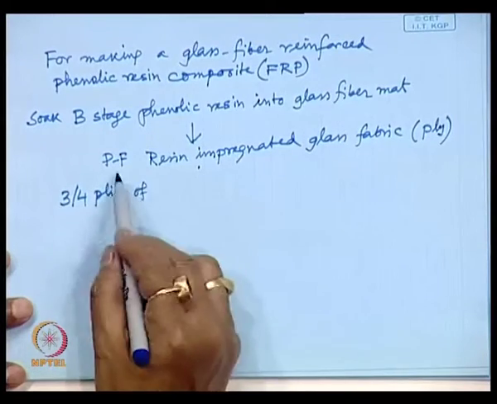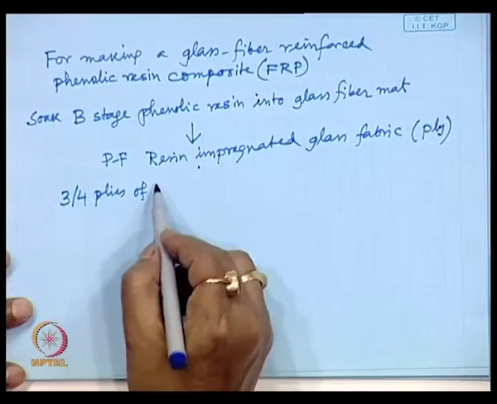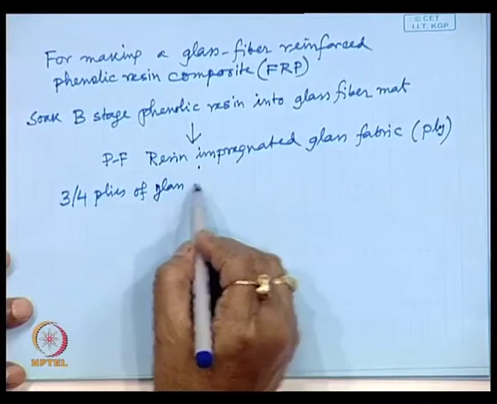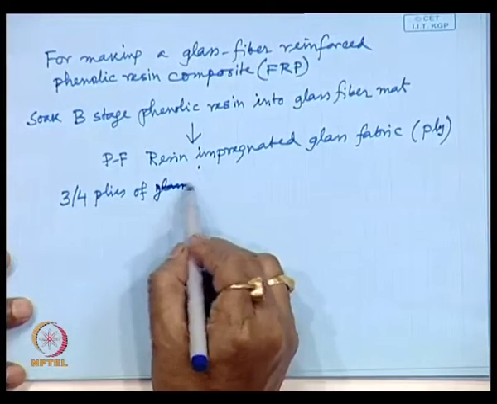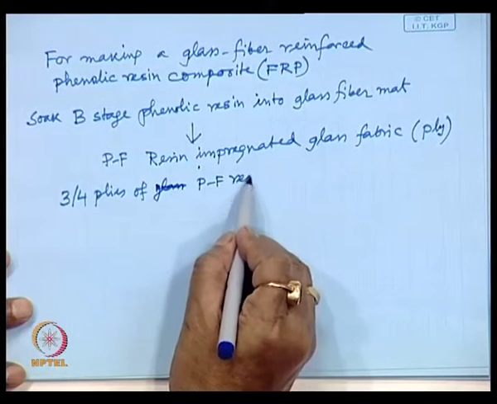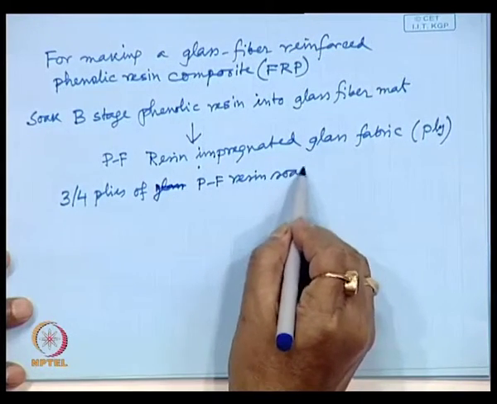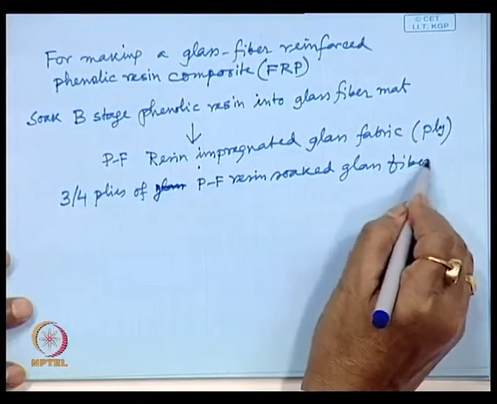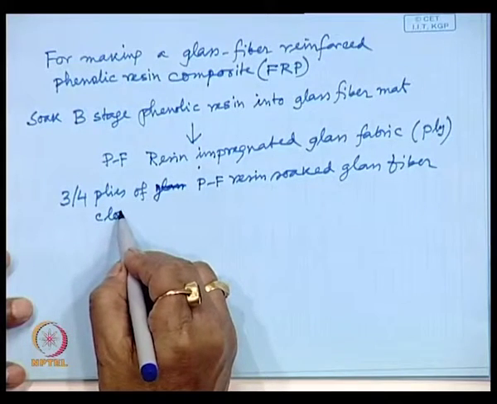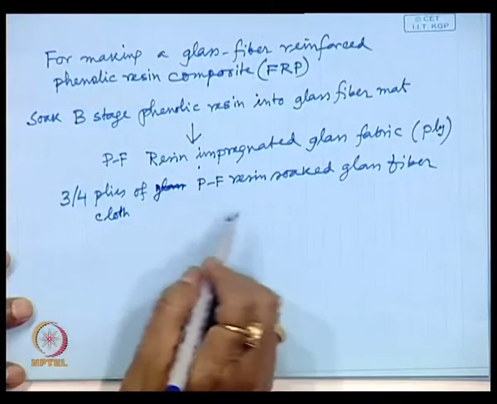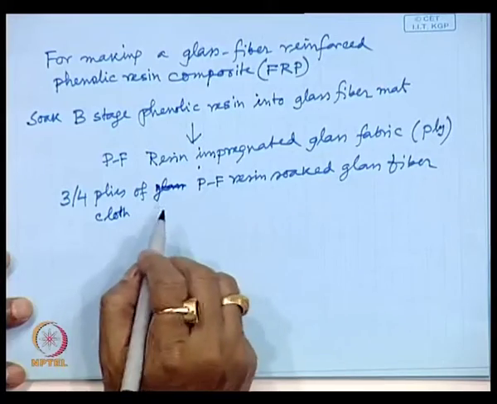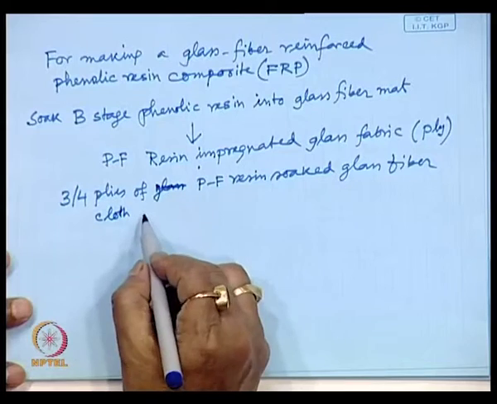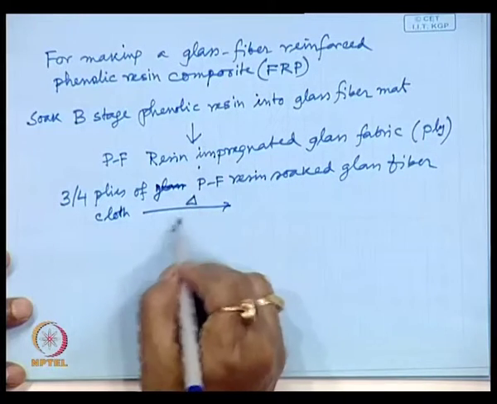You take 3 to 4 plies of PF resin soaked glass fiber cloth, assemble those 3-4 plies together, then apply heat and pressure.